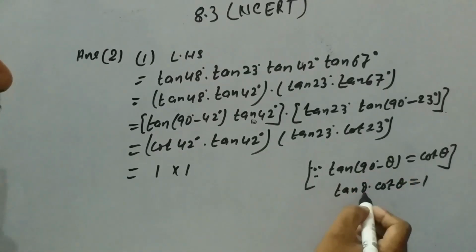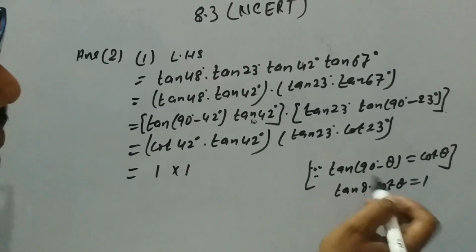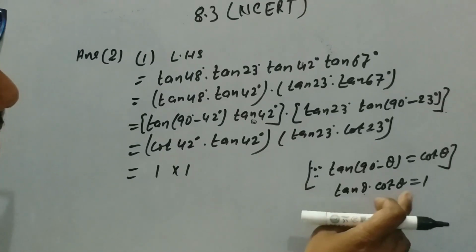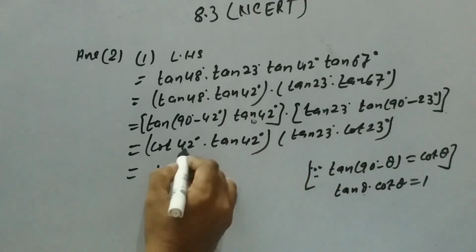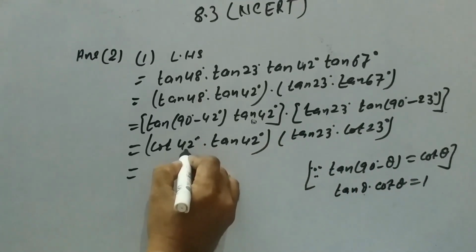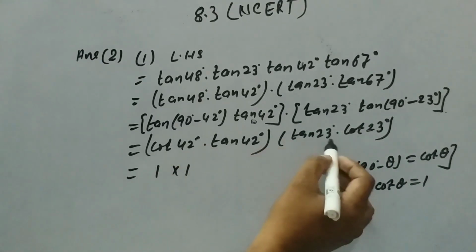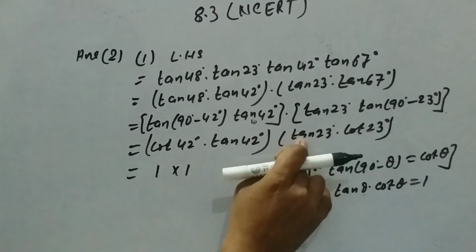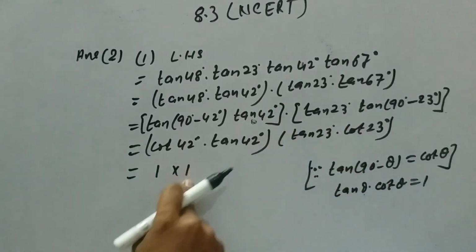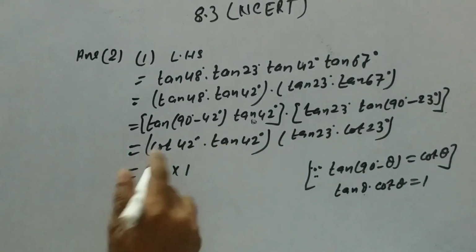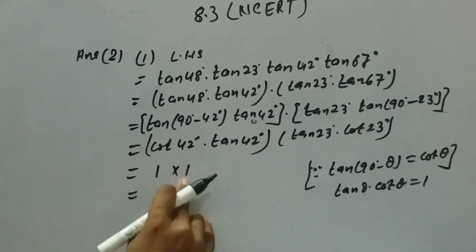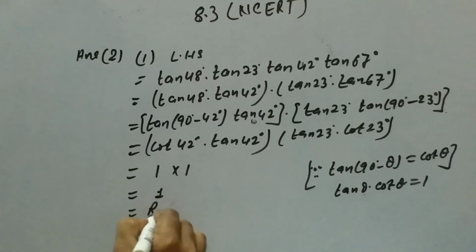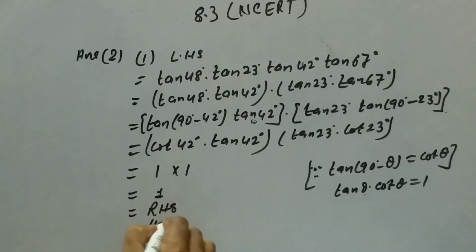So please note the angle here and here should be the same, so the product of tan theta and cot theta becomes 1. Here the angles are 42 degree and 42 degree, and 23 and 23, this is tan, this is cot, so it becomes 1, and this also becomes 1, and finally 1 into 1 is equal to 1. This is RHS, this is equal to RHS, hence proved.